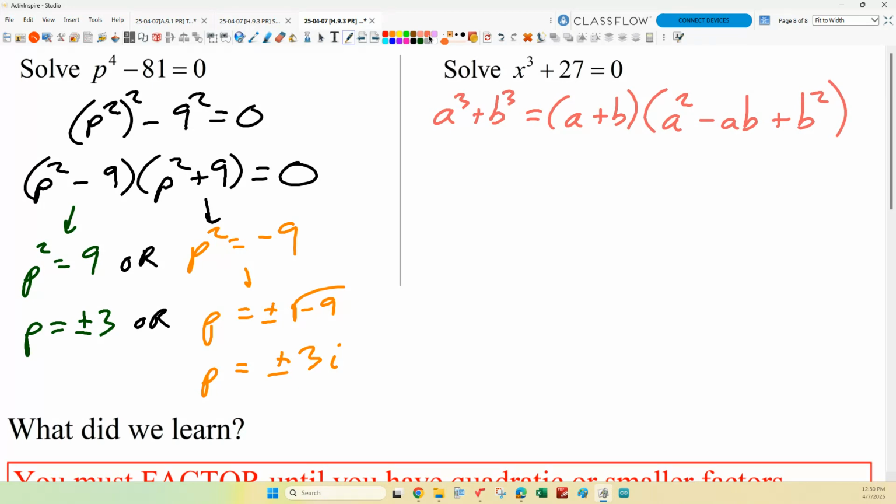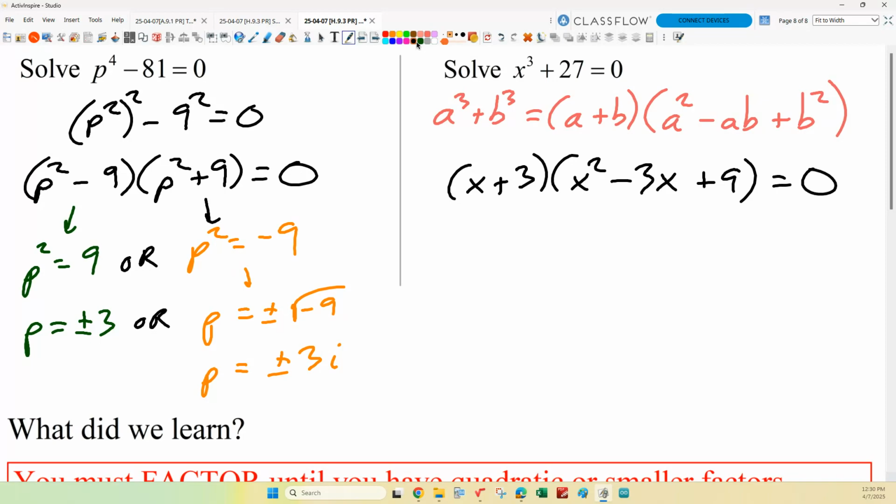So then this is just going to factor into what? A plus B, x plus 3, times a squared minus x times 3 is 3x, plus b squared is 9. Okay, so now by the zero product property, look what happens. I get either x equals negative 3, or this one is quadratic.